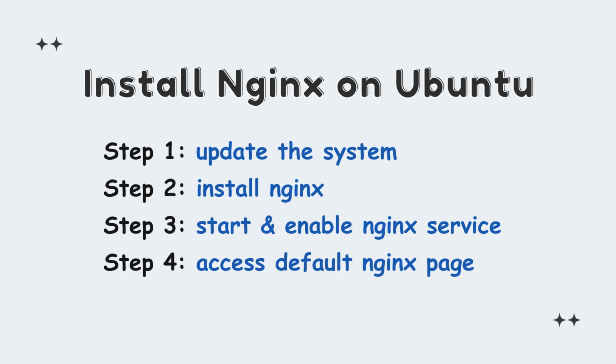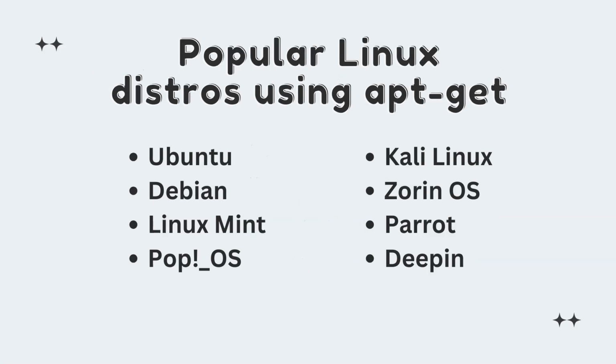For this demo, I am using Ubuntu 22, but you can also follow these steps on all those Linux distributions where we can use apt or apt-get to install packages. Here are some of those Linux distributions where you can follow the same sequence of steps to install nginx.